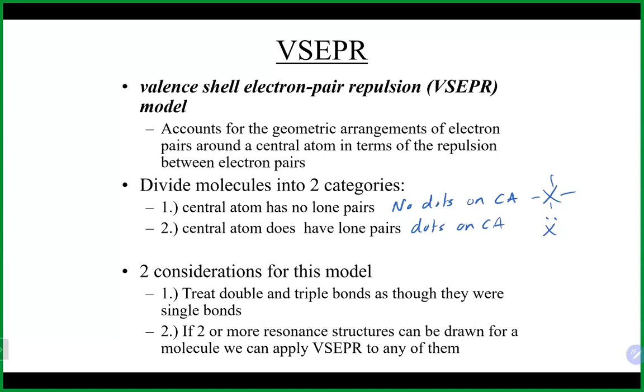The major thing you should think about when you do geometry, and only when you do geometry, is that anything that is a double bond or a triple bond counts as 1 electron pair and 1 bond. It effectively works as one pair of electrons moving around, even though it's double bonded or triple bonded.